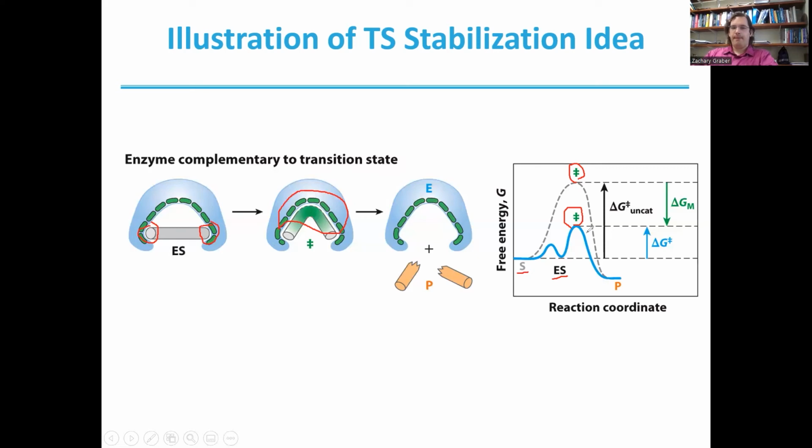So now our activation energy barrier is much smaller, which again will lead to a faster reaction. So again, if you bind the substrate too tightly, you'll actually slow down the reaction because it won't want to change into the transition state if the transition state isn't going to bind more tightly to your enzyme.